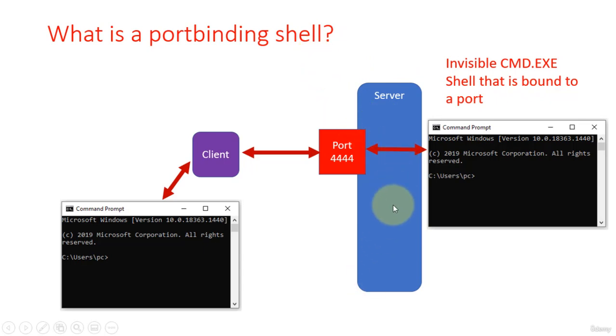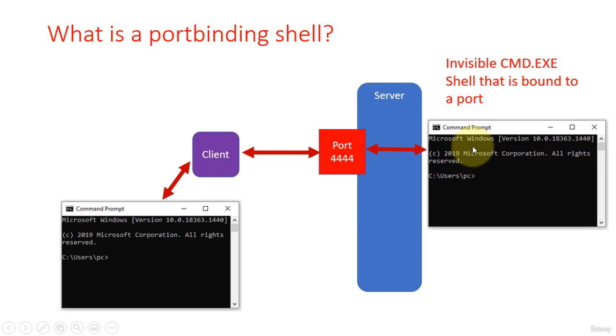That means you will have to sit in front of the machine and open this command prompt and do your work here, type your commands here. But a port binding shell technology allows the command prompt to be remotely accessible.